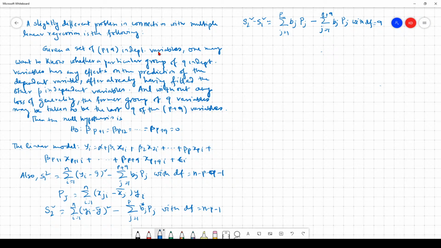Here b j are the least square estimates of beta j for the model, which I denote by 2 for model 2.